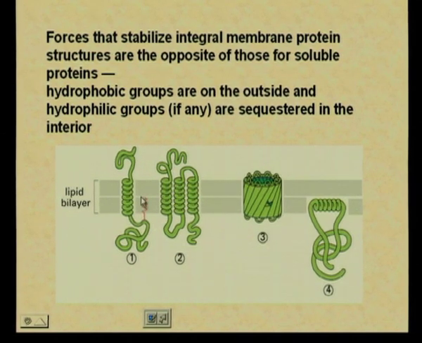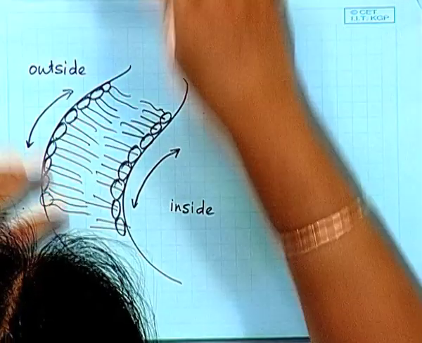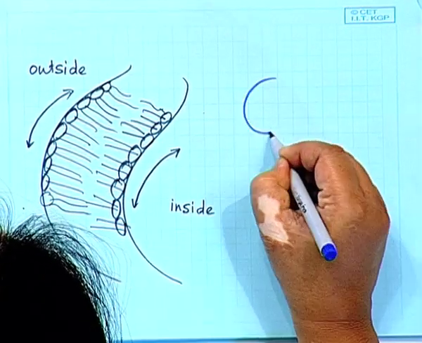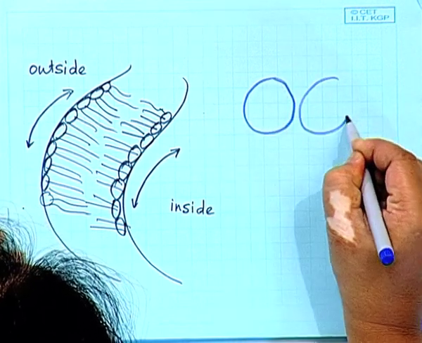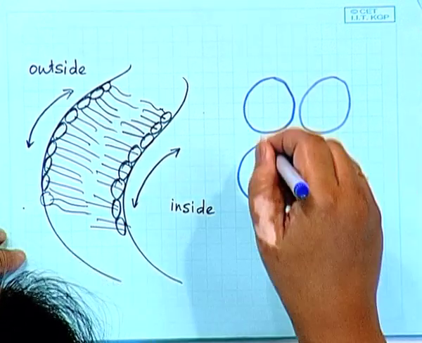You remember when we studied the forces that stabilize these membrane proteins, these proteins would have surface hydrophobic residues, and within the helices, suppose we had a bundle of helices, as I mentioned in the earlier classes. Now we are looking from the top down at the membrane; these are the helices.